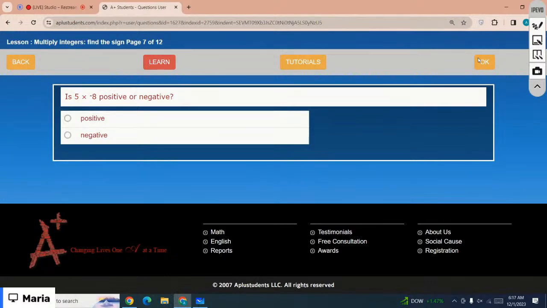Is 5 times negative 8 positive or negative? Yes, it is negative.